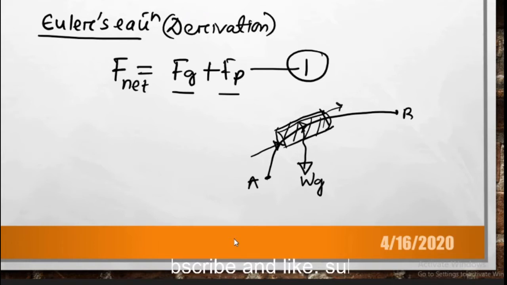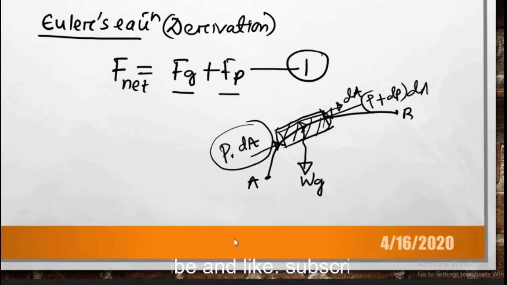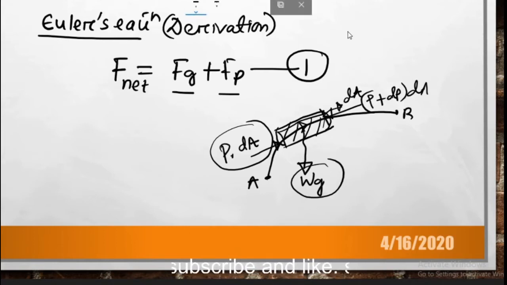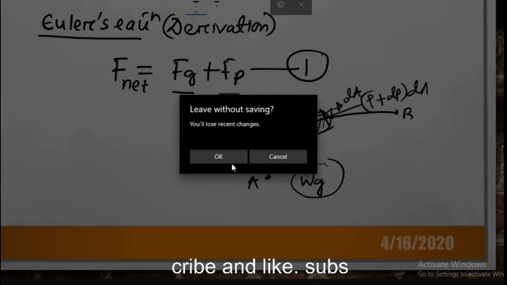Suppose the cross-sectional area of the cylinder is dA, and the pressure acting on this side is P, so the force is P into dA. Similarly, on the other side it will be P plus the change in pressure, into dA. In Euler's equation we are considering the pressure force and the force due to gravity, as discussed in our next slides.